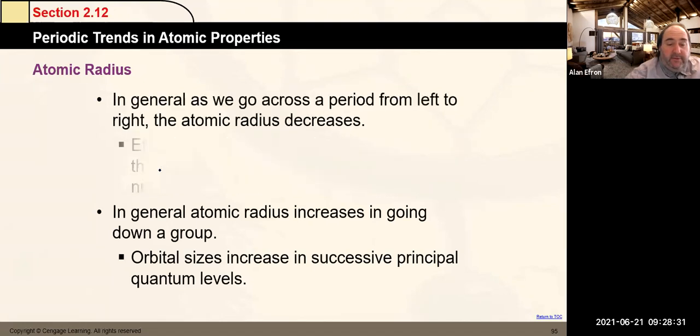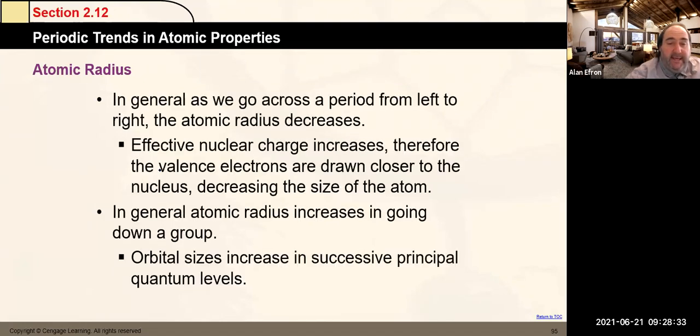Another important trend is atomic size. And what we see in terms of atomic size is based on some of these trends that we've been talking about. As you go up and to the right on the periodic table, we have things that pretty much have very high ionization energy, which means they typically don't want to lose electrons.